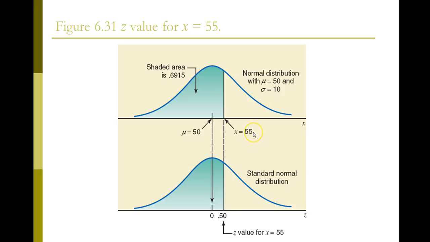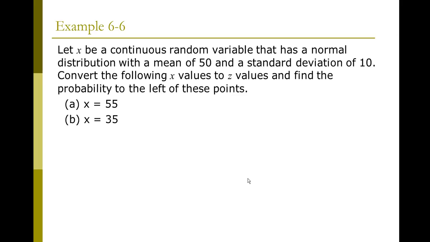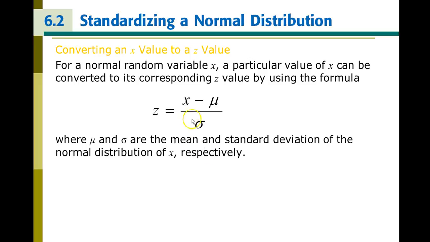So how did you do that calculation? How did we get from 55 to a half? What we did is we took 55 minus 50, which is 5, and then we divided it by the size of the standard deviation. So 5 over 10 gives us that half. So what did we do? We took 55 minus 50 over 10. So this formula gives it to us.